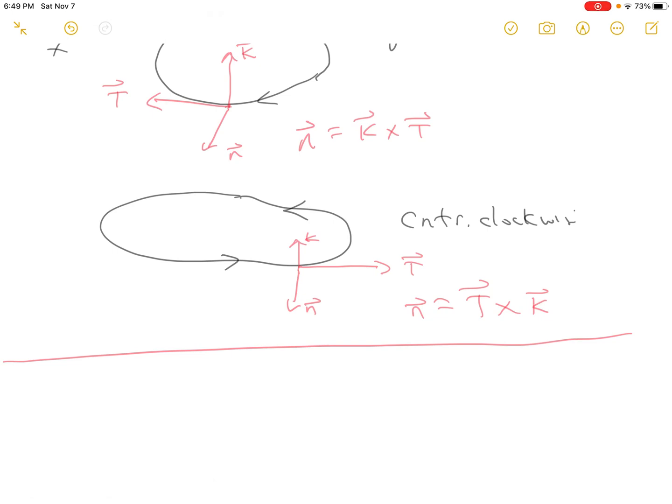So okay, let's unravel this and get a formula for our line integral. Let's look at counterclockwise first. And here n is equal to t cross k.